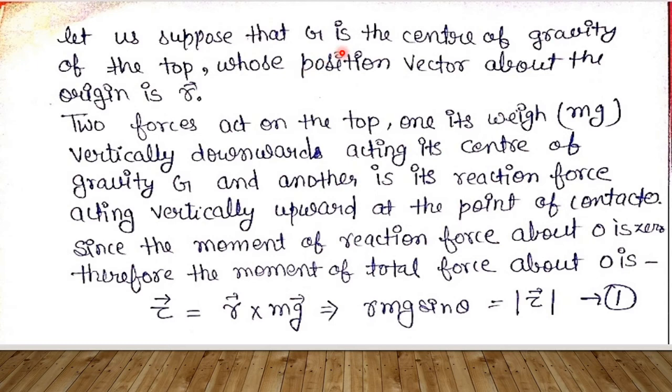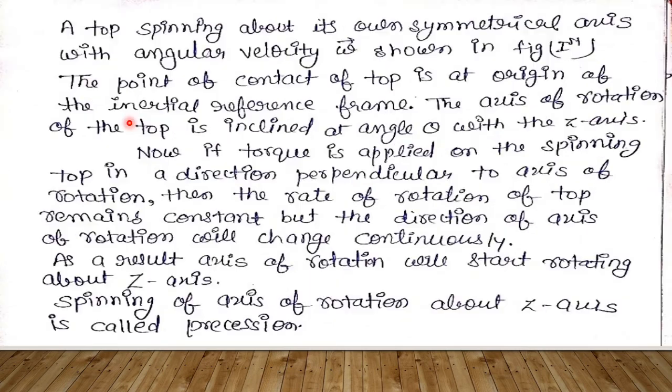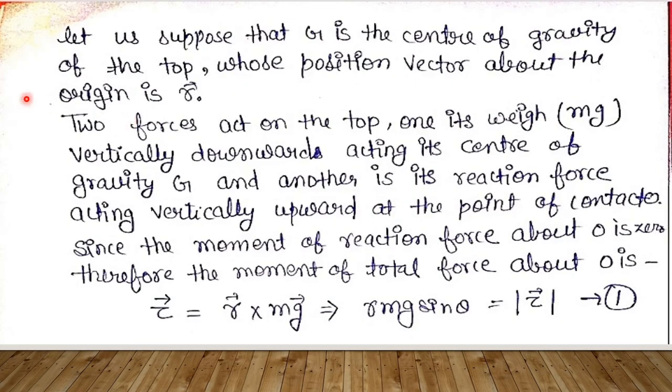Let us suppose that G is the center of gravity of the top, whose position vector about the origin is R. Two forces act on the top: one is its weight mg vertically downwards, acting at its center of gravity G, and another is the reaction force acting vertically upward at the point of contact.